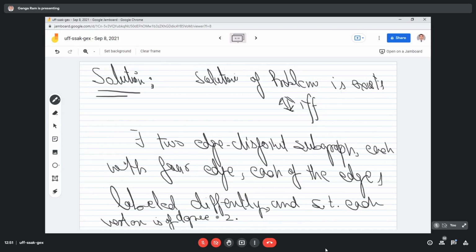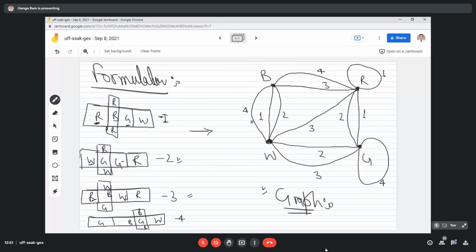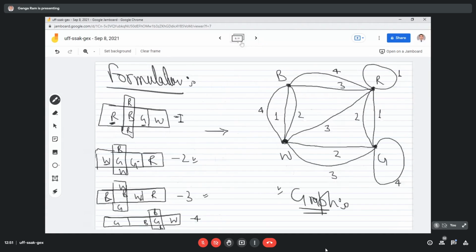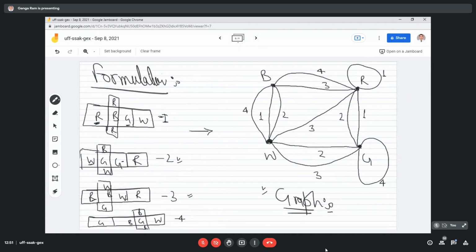So I am saying that I have this problem, and it is formulated into a graph theory problem.